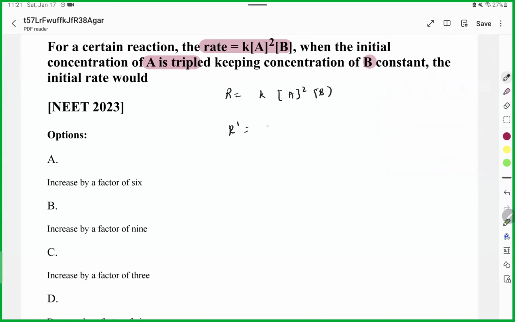Now, in the new value, K remains the same, your A becomes triple and B is constant. What is 3 squared? 9 K A square B. Can we say it will be 9 times the rate?